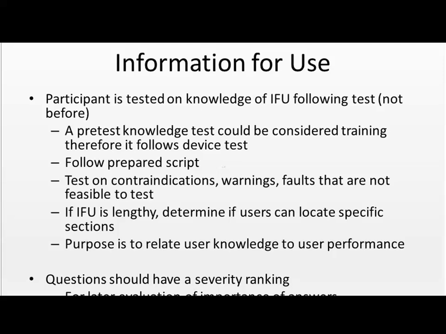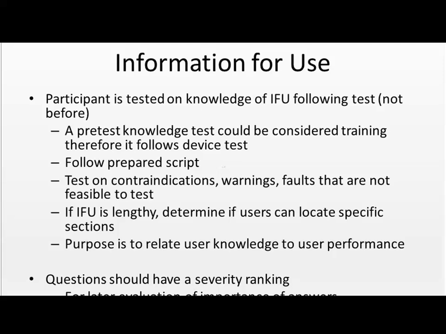If your information for use is a lengthy user manual, very thick, you can determine if the users can locate specific sections, if they're familiar with the contents and can locate information. They may not know the information for a lengthy IFU, but can they locate it?